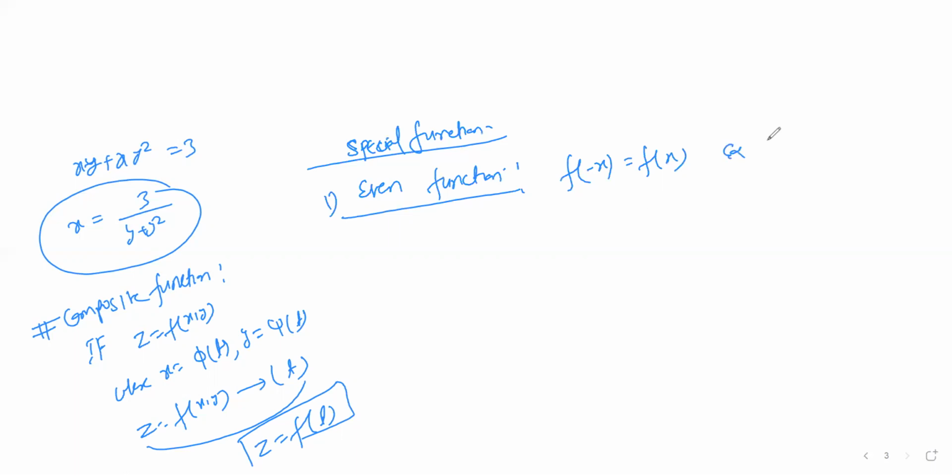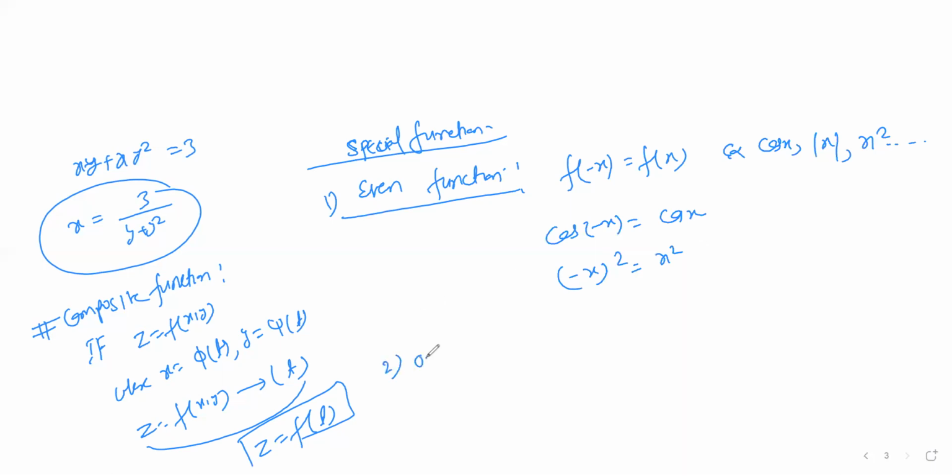Like cos x is an even function, or mod x is an even function, or x square, an even power, is an even function. Because if you substitute cos of minus x, you will get cos x, so it is an even function. Or minus x whole square, you will get x square, meaning f of x. So this type of function is an even function.